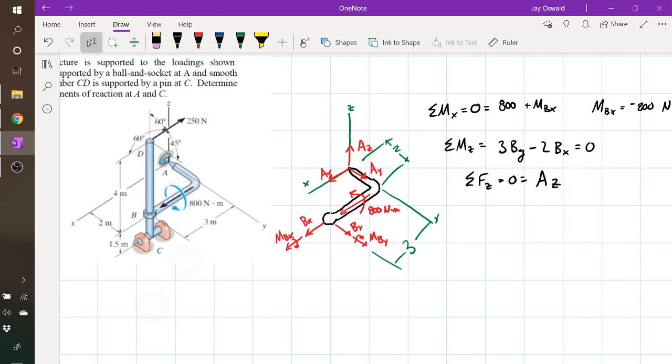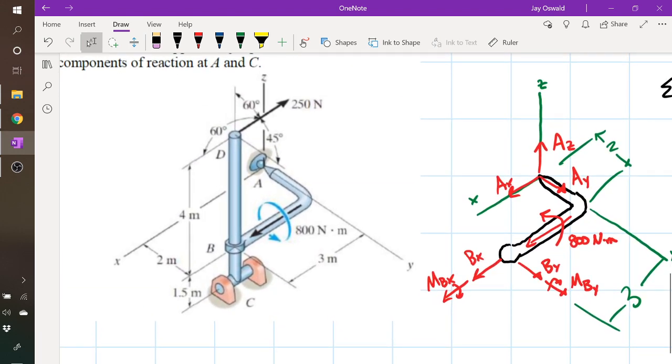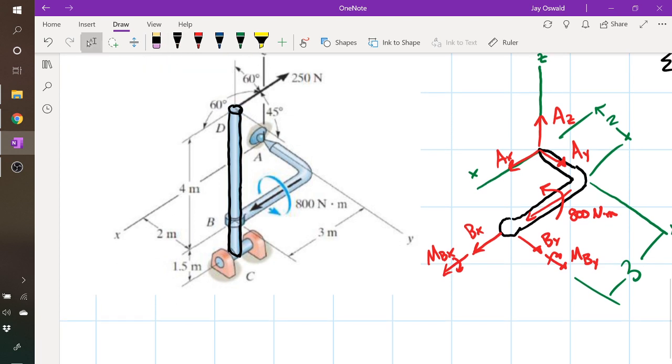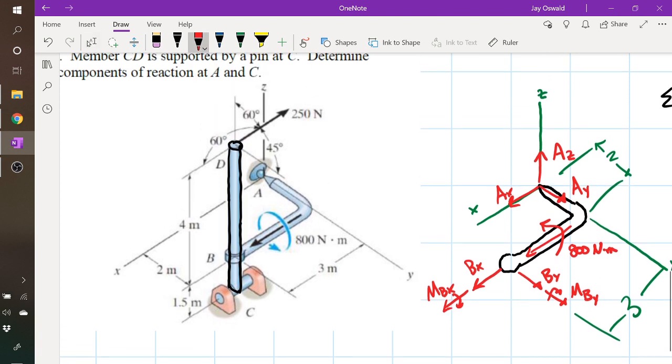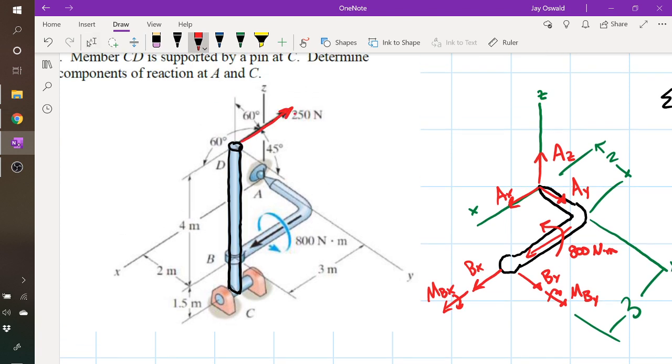So I'm going to zoom in and take my time, draw something. Now, I'm not going to draw any of this fancy stuff here because I'm just going to consider that as a constraint. Okay? So I've got a force of 250 newtons.